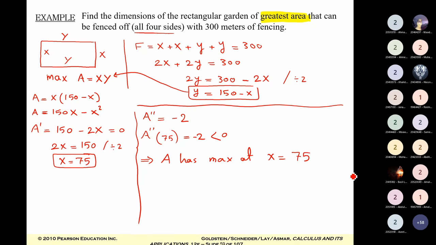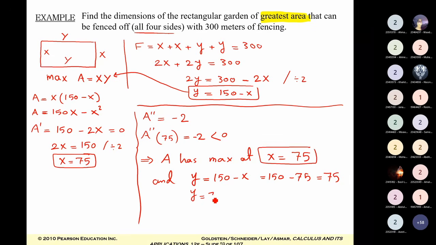75. And y equals 150 minus x, that equals 150 minus 75, which equals 75. So x equals 75 and y equals 75.